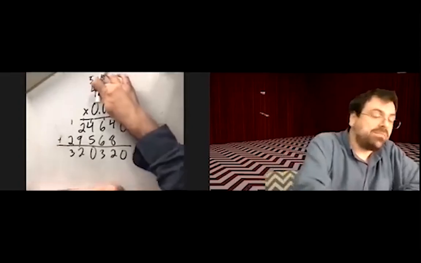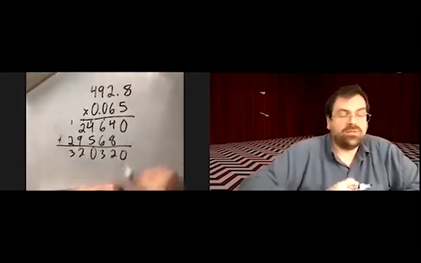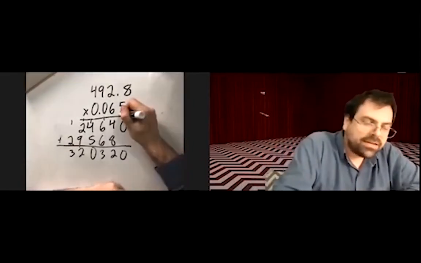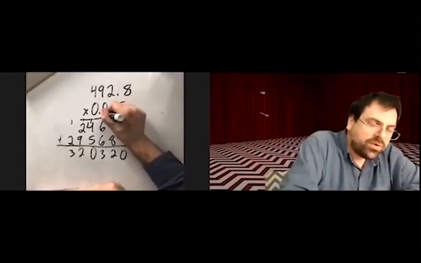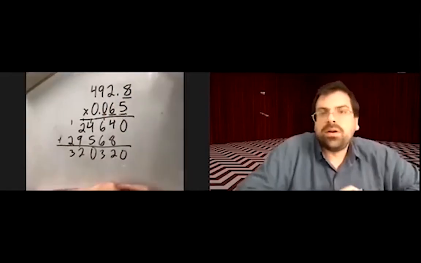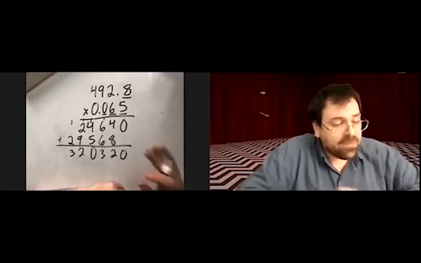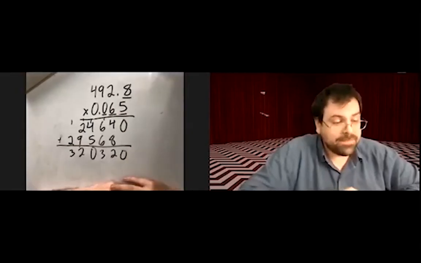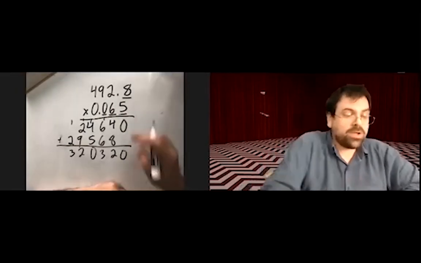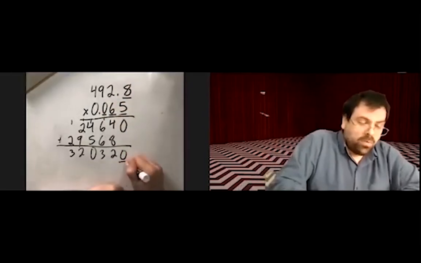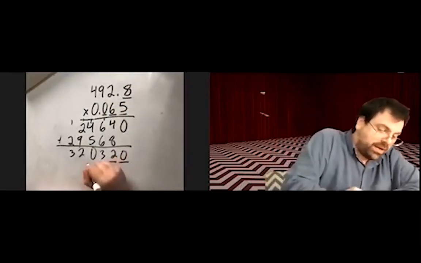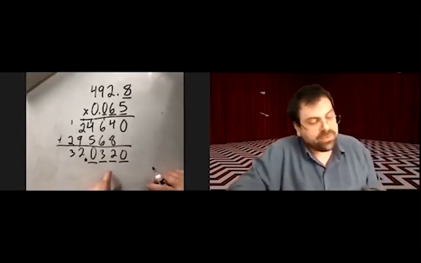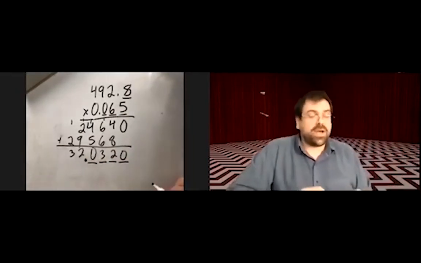What's our last step? What's the new thing for multiplying decimals that we didn't do before? It's the counting: 1, 2, 3, 4. The counting of how many places we have to the right of the decimal points. So 1, 2, 3, 4. 1, 2, 3, 4. 32.0320 would be the correct answer here.